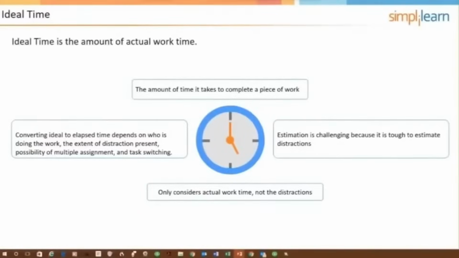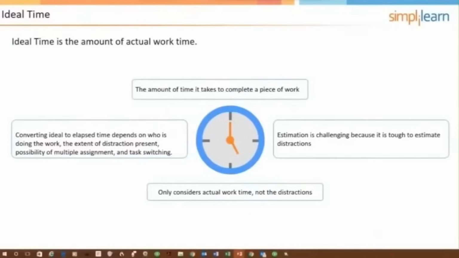So ideal time is the amount of time it takes to complete a piece of work. But that's based on the notion that the team member or members are available to do just the work with no distractions or anything at all.